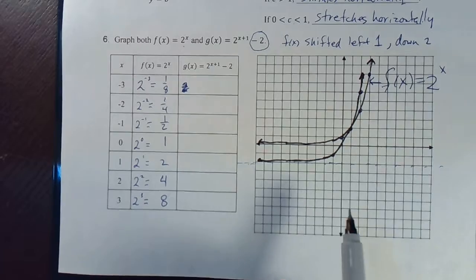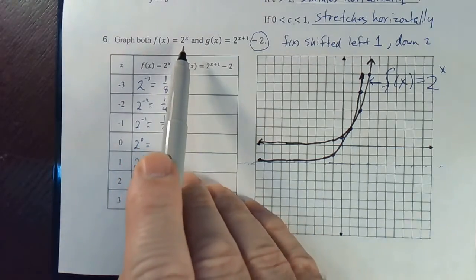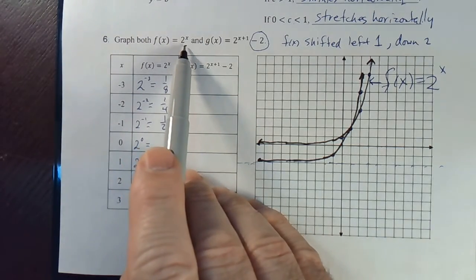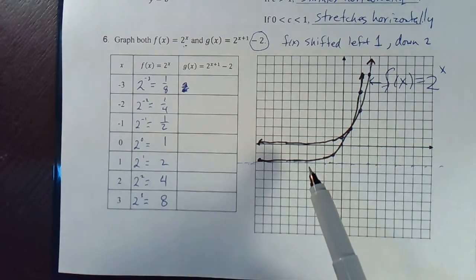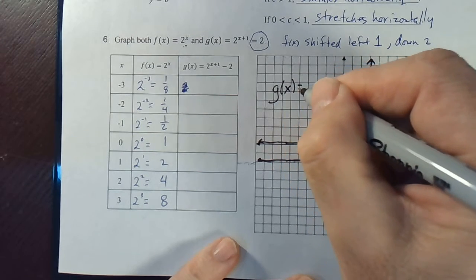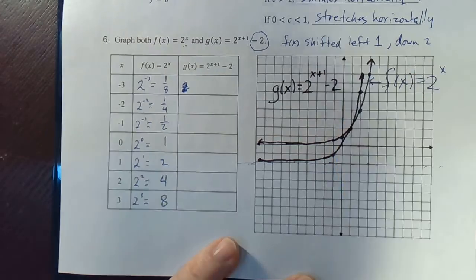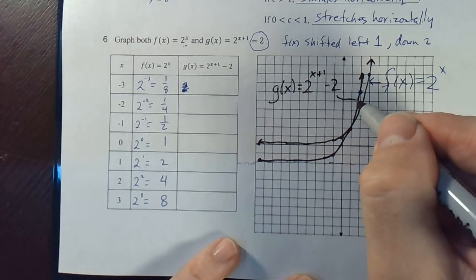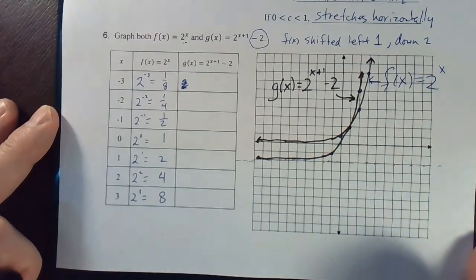You could state that the shape of these two graphs is absolutely identical. We basically just lifted this one up, went left 1 and down 2, and we got this graph right here. So that would be g of x, 2 to the x plus 1 minus 2. So that was a simple transformation of functions.